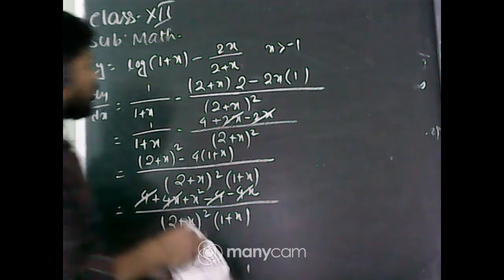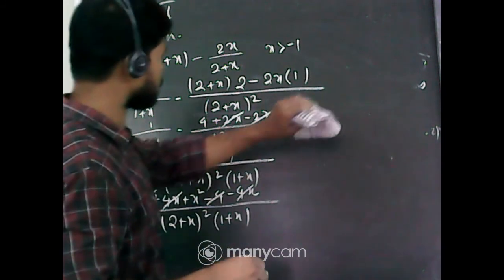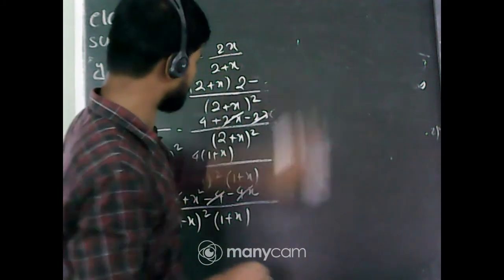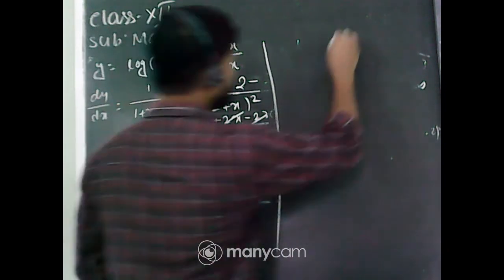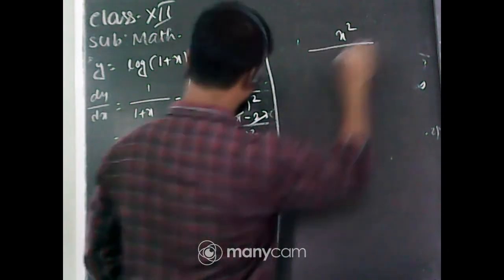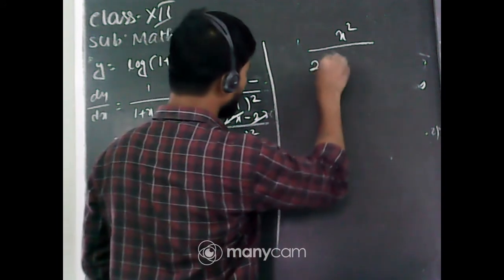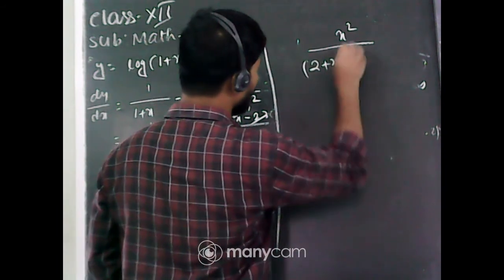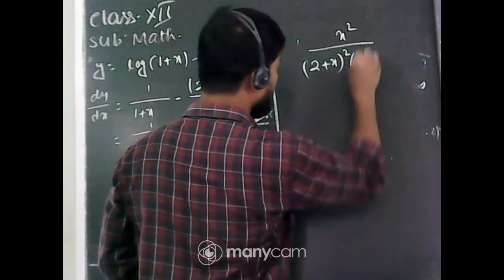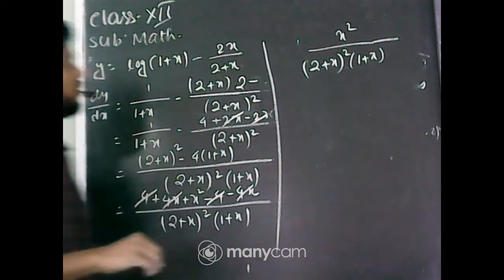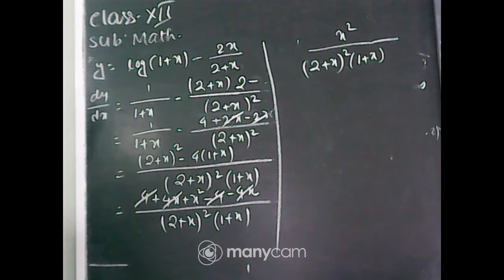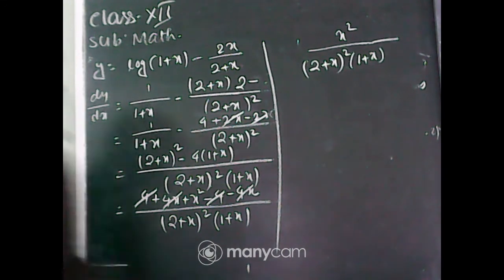Now from here we have x square by (2 plus x) whole square (1 plus x). Okay, so x square by (2 plus x) whole square by (1 plus x). Clear?